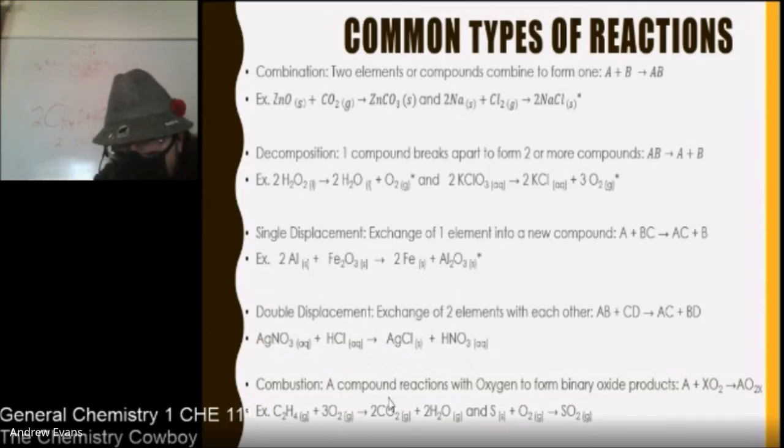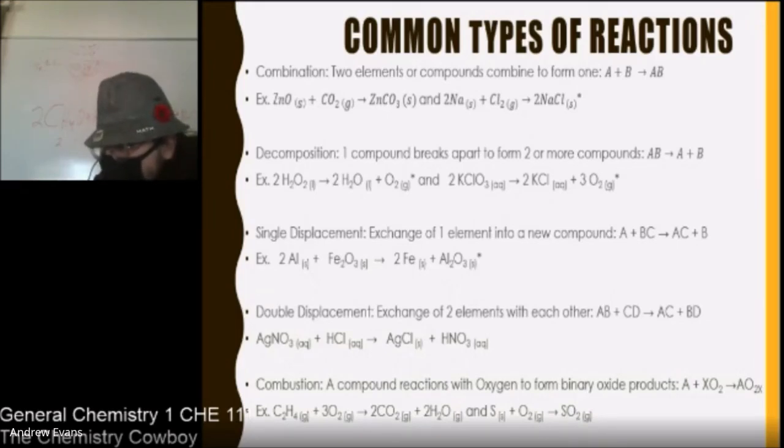And finally, on these generic types, we have combustion. Combustion is a reaction with oxygen to form a binary oxide of some kind. In the case of this guy, ethane would burn with oxygen to form CO2 and water. But we could also say sulfur can burn with oxygen to form SO2.